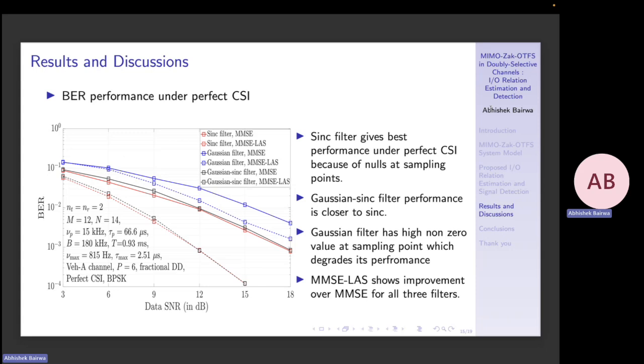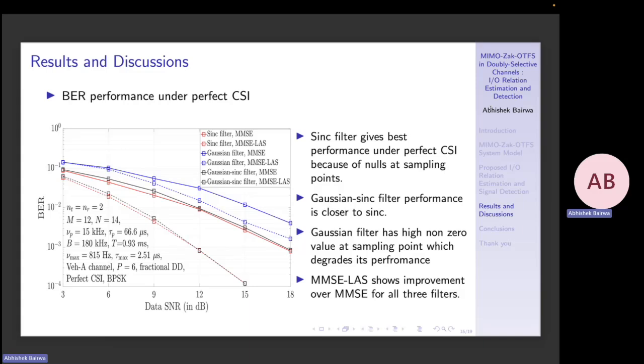This is the BER performance under perfect CSI. Here we assume that we know H effective MIMO, and under this scenario, we compare the performance of the sinc filter, Gaussian filter, and Gaussian-sinc filter, and we use two detection algorithms, MMSE and MMSE-LESS. Here it can be seen that the sinc filter and Gaussian-sinc filter perform way better than the Gaussian filter.